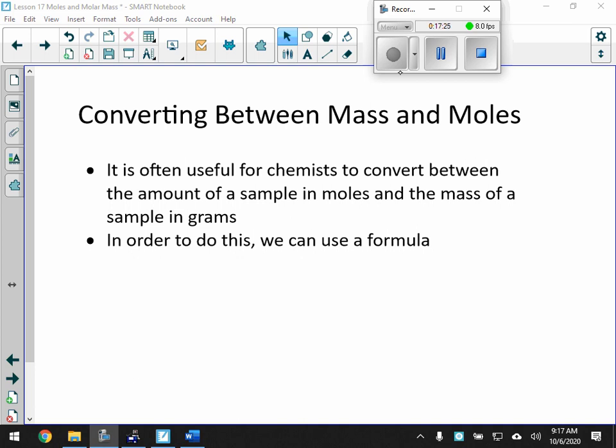So we're going to convert between mass and moles now. Taking a certain mass, and converting that to a certain number of moles. It's often useful for chemists to convert between the amount in a sample in moles and the mass of a sample in grams. In order to do this, we use a formula.